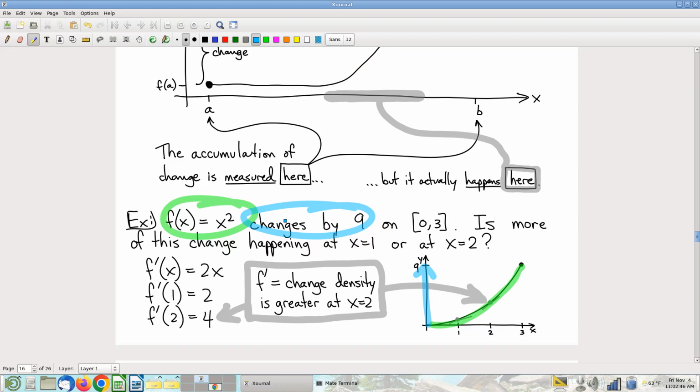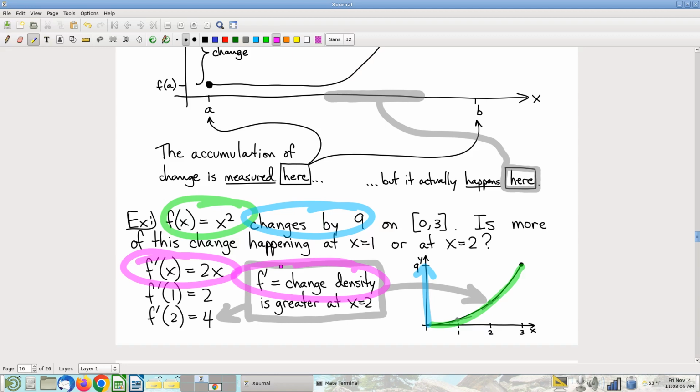So where did it happen? It happened all across the interior. Okay, but where specifically is it happening more? Where is there more change happening? Well, f prime is change density. F prime is telling you where the change is happening.